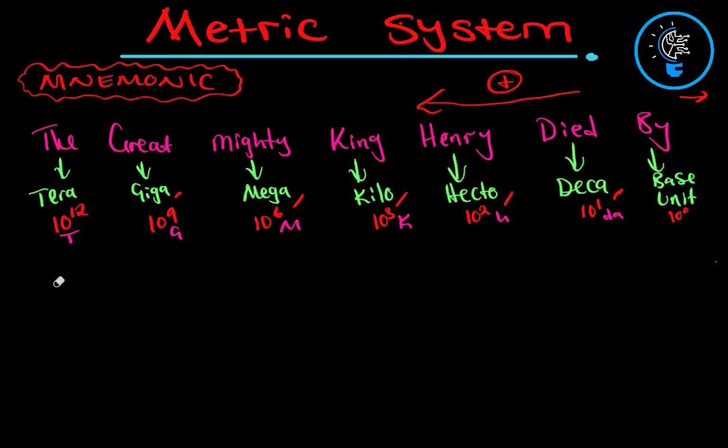This time, let's say you've been given acceleration as 10.5 kilometers per square hour, and you're told to convert this particular unit into meters per second. Yeah, let's do it. You're told to convert it into meters per second.